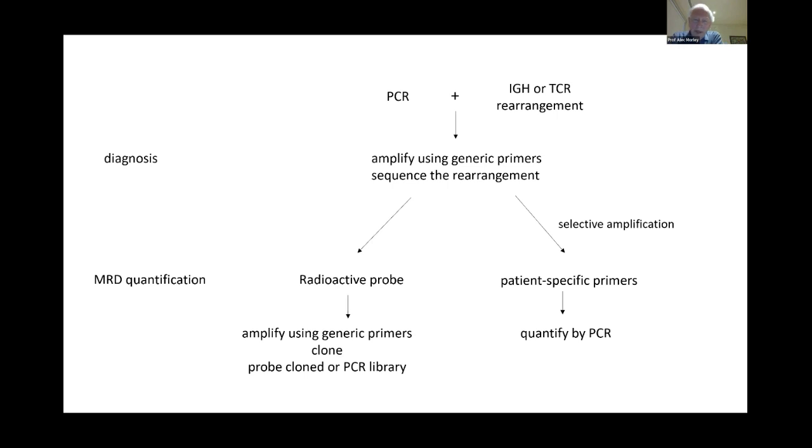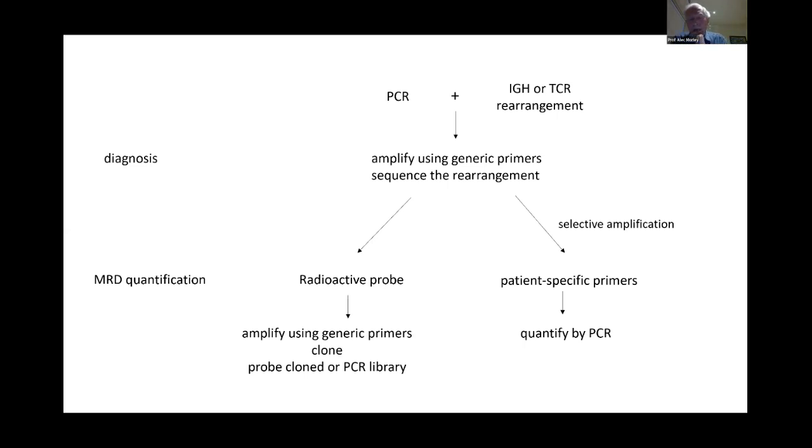And we were one of those groups. We also had an interest in using the rearrangement as a clonal marker in lymphoma, but that's another story. A number of groups sequenced the rearrangement and recognized that it could be used as a means for quantifying residual disease.